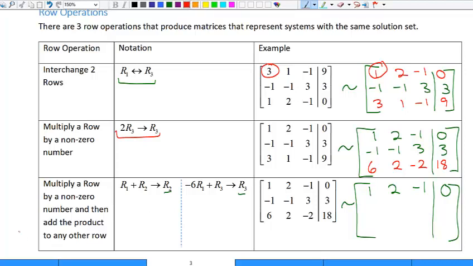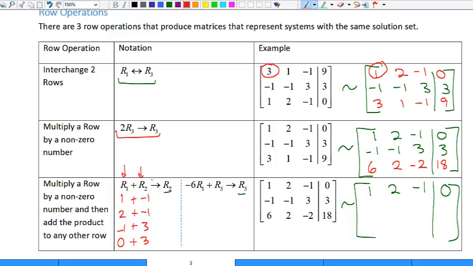One way to do that is to write it horizontally. So when I have row 1, I have 1, 2, -1, and 0, and I'm adding it to row 2. Well, who's row 2? -1, -1, 3, and 3. Notice that I wrote my row 1 down vertically.